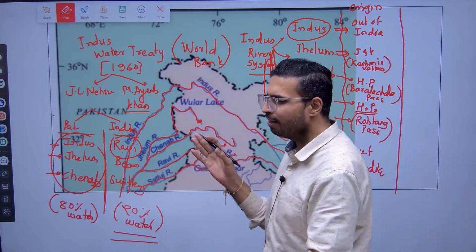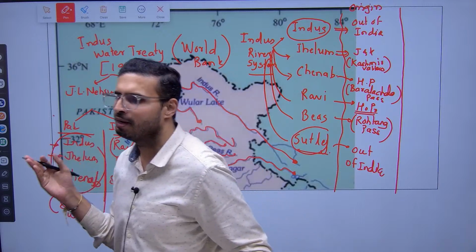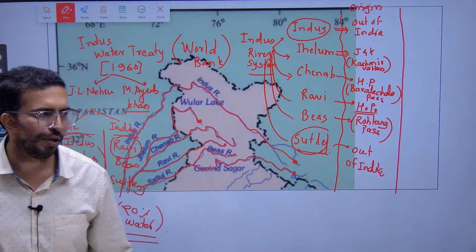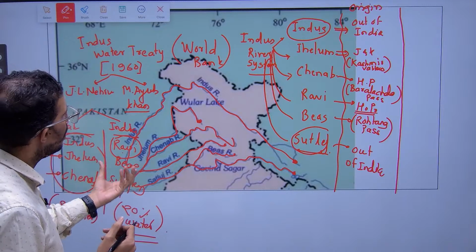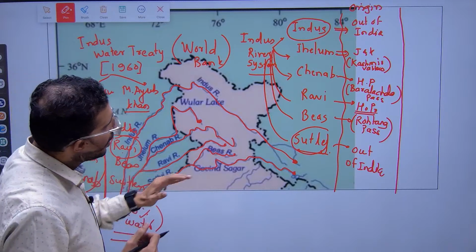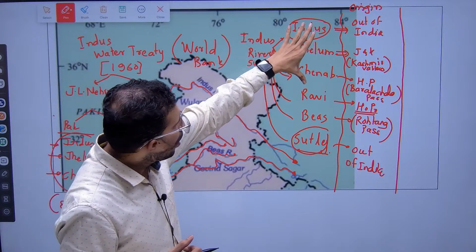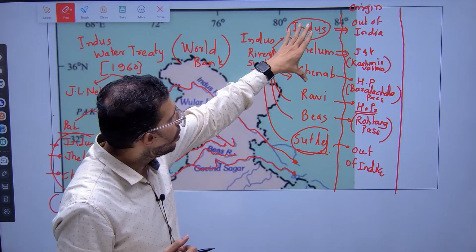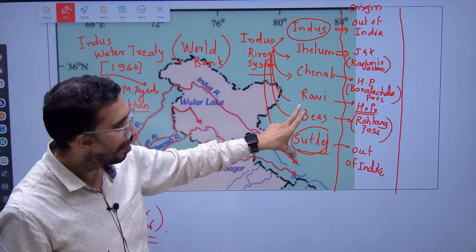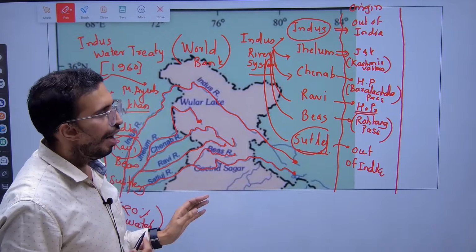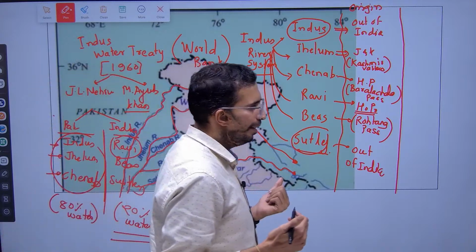Last year in September and October, the Permanent Indus Commission was established to review and monitor this treaty. So under the Indus Water Treaty, the first three western flowing rivers are controlled by Pakistan, and the last three eastern flowing rivers, Ravi, Bias, Satluj, are controlled by India.